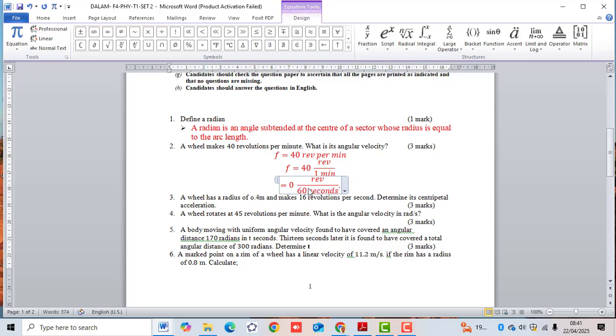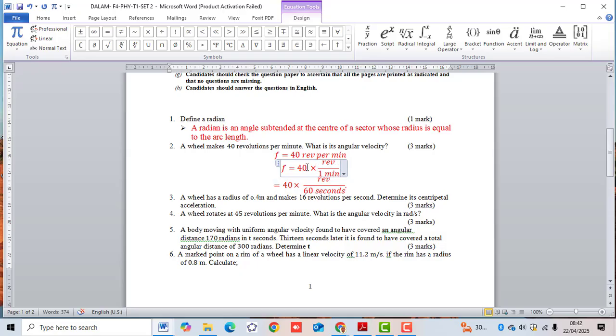In physics, you should be very keen with the SI unit. Don't write there sec. Sec is not the SI unit of second. Better you write there s. So this is 40, and then here we have a dot product, a multiplication of revolution per minute.